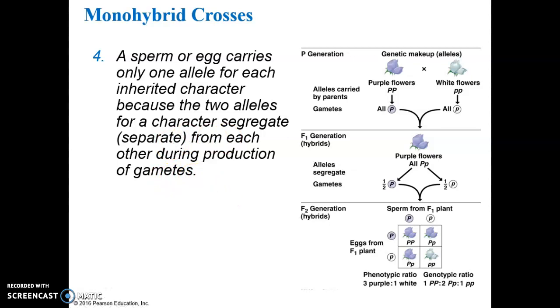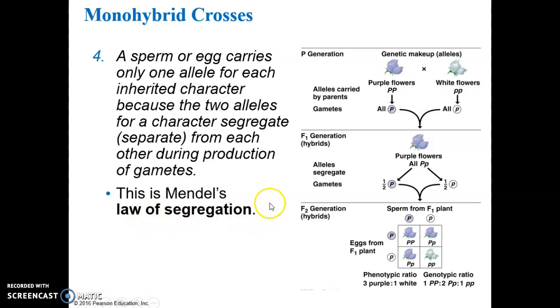If you remember, during meiosis, the genetic information separates when gametes are formed because the homologous chromosomes separate during gamete formation. So this is Mendel's law of segregation that occurs during gamete formation during meiosis.